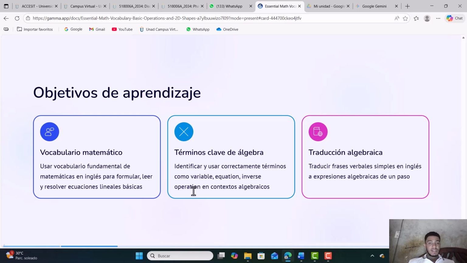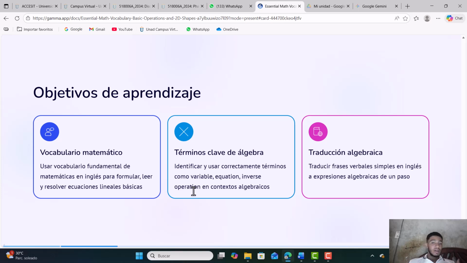solve basic linear equations. Two, key algebra terms. We will identify and correctly use key algebraic terms like variable, equation, and inverse operations within an algebraic context. And three, algebraic translation.